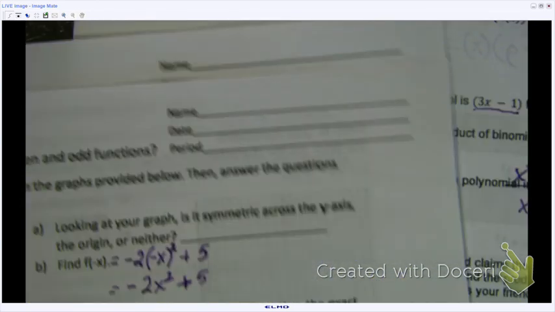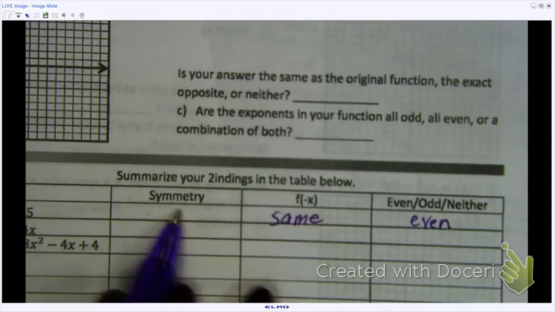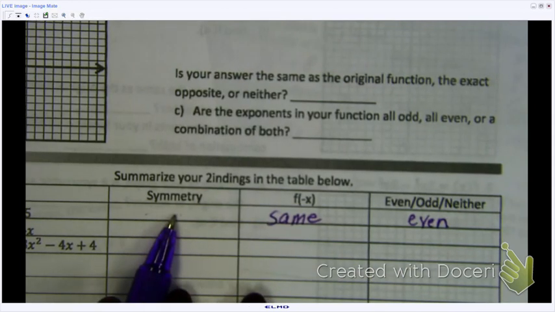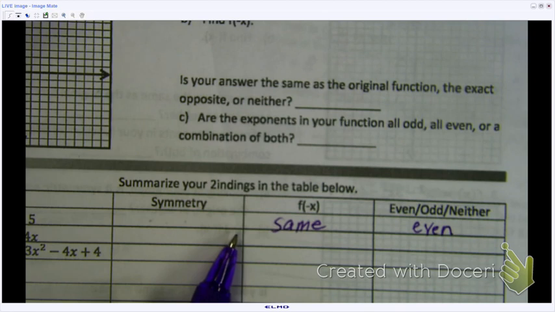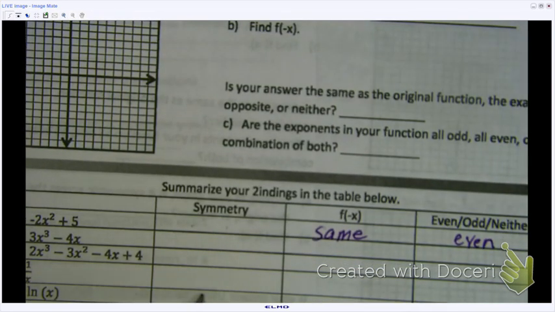Then you turn it over to the back, and you fill in those 3 blanks in the chart. So the symmetry you'll fill in after you draw the graph and do that. You can work together in your teams, but you should finish this before the end of class.